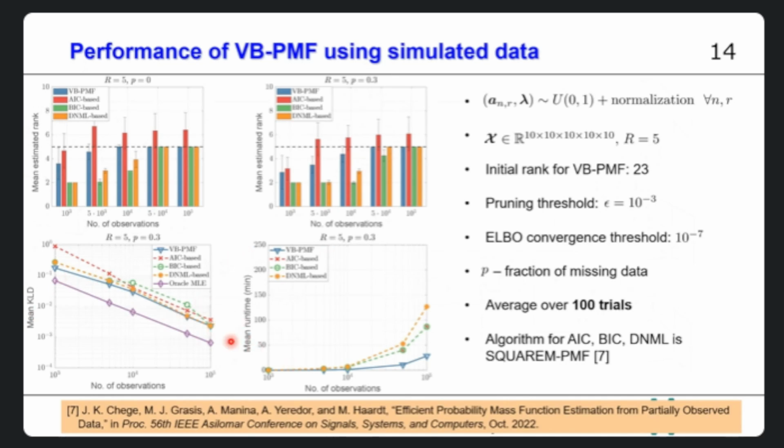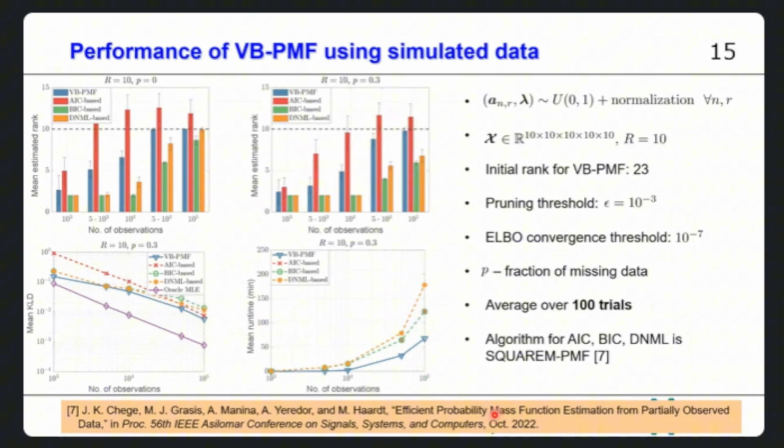In terms of runtime, for these other techniques you have to check all possible ranks: 1, 2, 3, 4, etc. But for VB-PMF, you initialize and run the algorithm once. So if the data set is quite large, we have a saving in runtime.